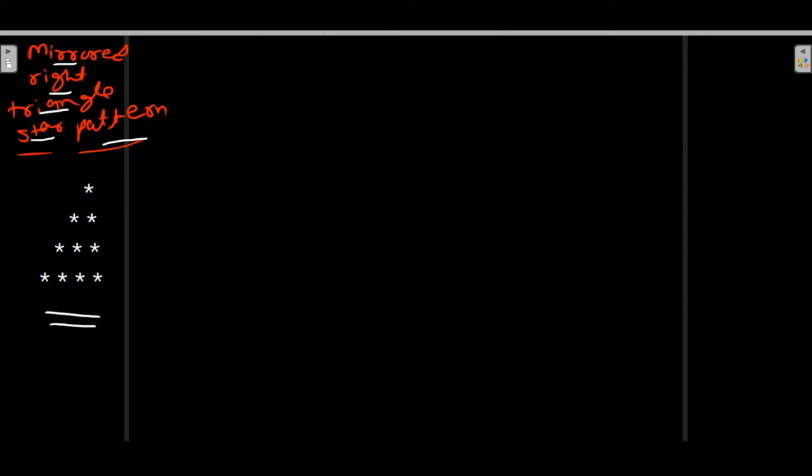The first point that we have observed is how many rows we need to print. In this case we need to print 4 rows. This is the first thing that we observed. What is the second thing?